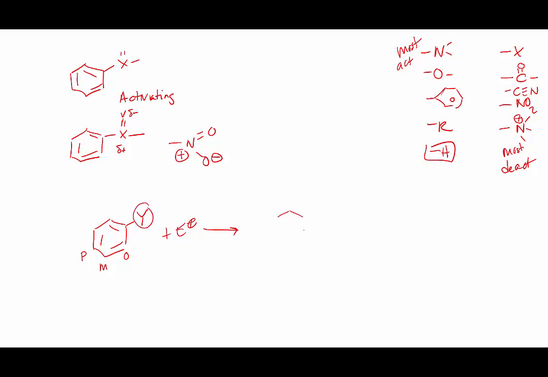So if Y is activating, so if you put an activating group on the ring, you add the electrophile to it, what people have found is that they get a mixture of ortho and para products.